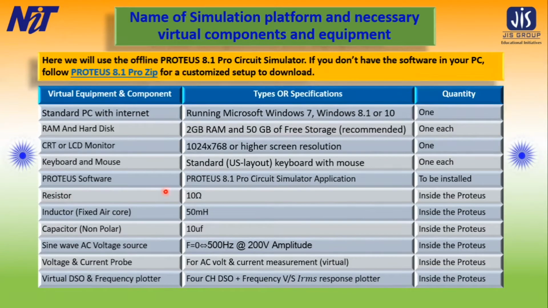Also a few virtual components from inside Proteus. As it is an RLC circuit, we need a resistor, an inductor and a capacitor. The resistor value is 10 ohms, the inductor is 50 millihenry, and the non-polar capacitor is 10 microfarad, and a sinusoidal AC voltage source with a frequency sweep of 0 to 500 megahertz at 200 volt amplitude, and necessary voltage and current probes for AC voltage and current measurement in this virtual platform, a DSO and a frequency plotter.